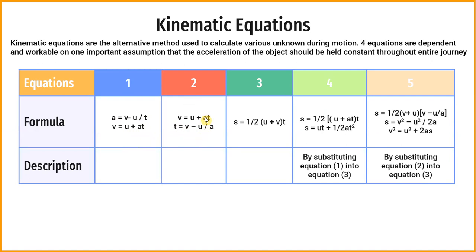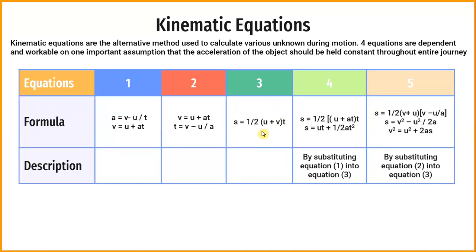And then from this velocity formula, you can get equation 3, which is s equals half of u plus v times t.